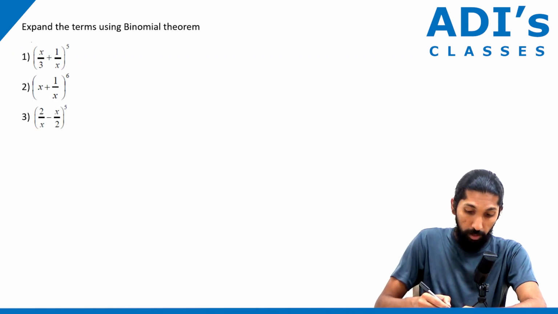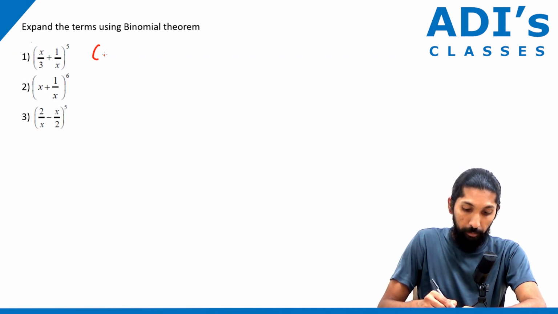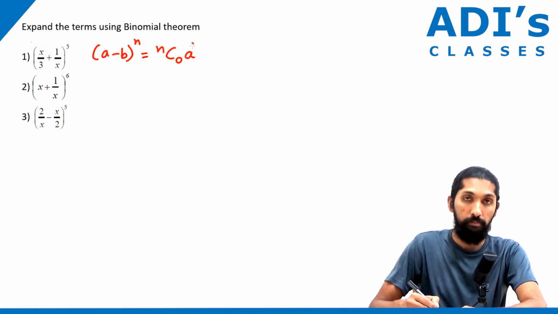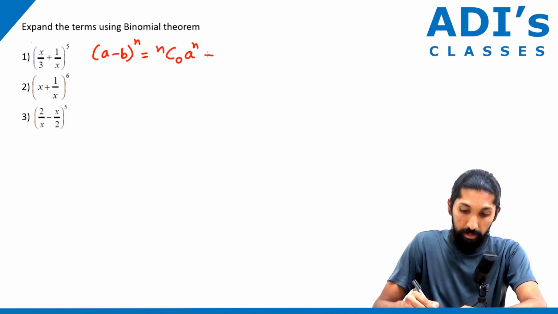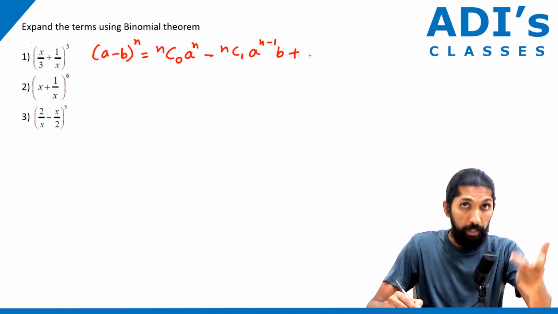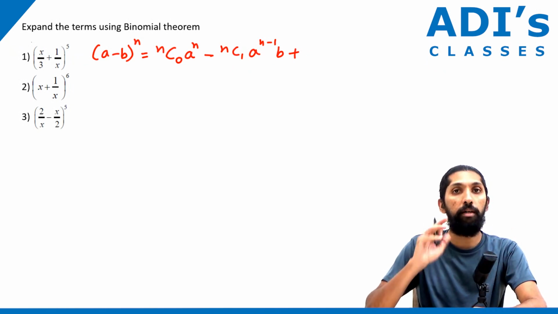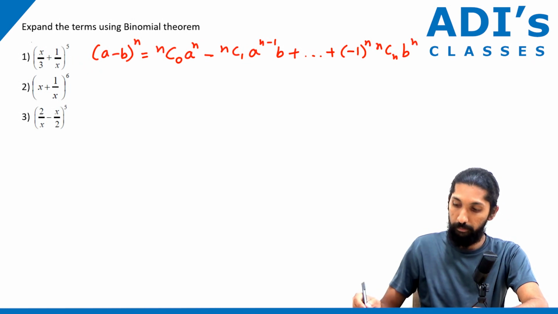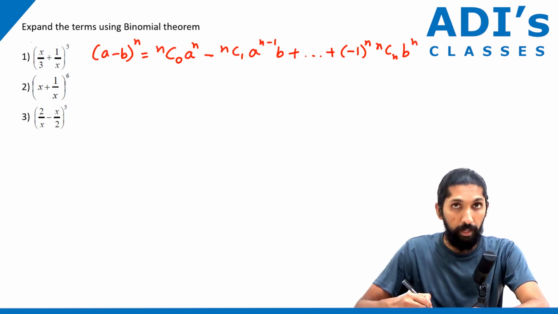Suppose you have a minus b whole to the power of n, then nc naught a power n, minus nc1 into a power n minus 1 into b, plus, then minus, alternate plus and minus, dot dot dot, minus 1 power n into ncn b power n. Isn't it? This is what we have.